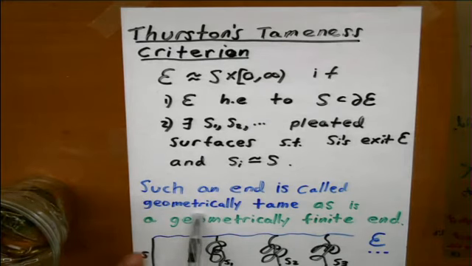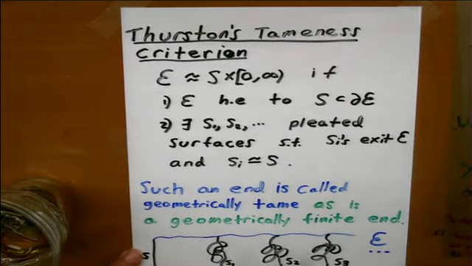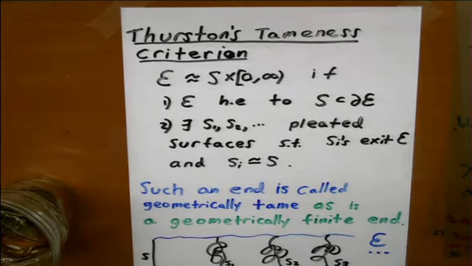Thurston called such an end a simply degenerate end. And an end which has this property is known as geometrically tame. Technically, a geometrically tame end is one that's either geometrically finite or has this property.